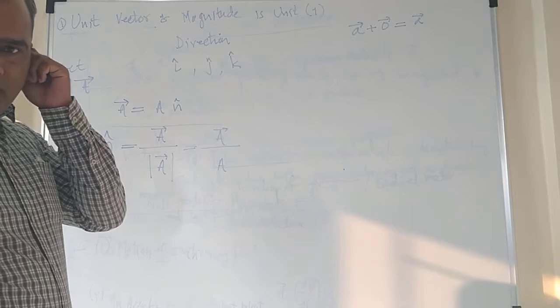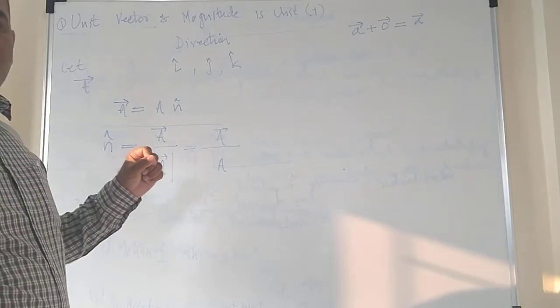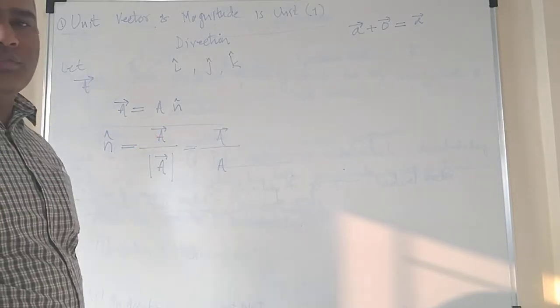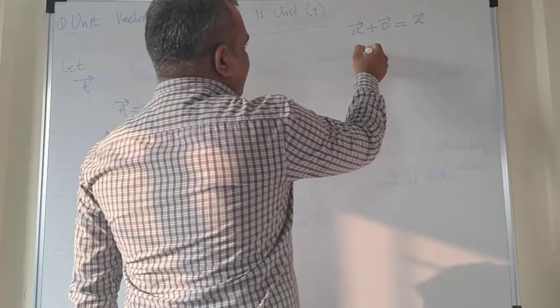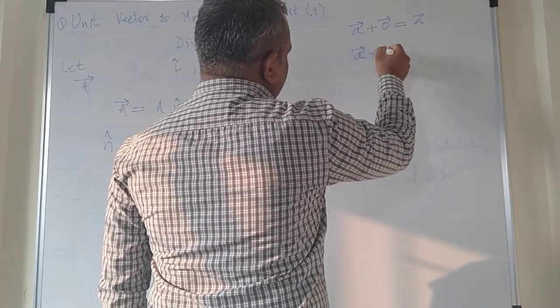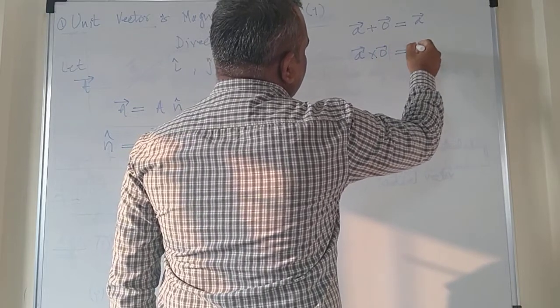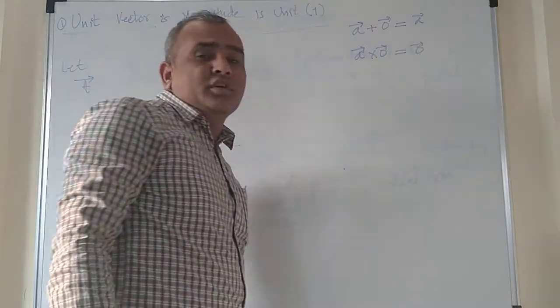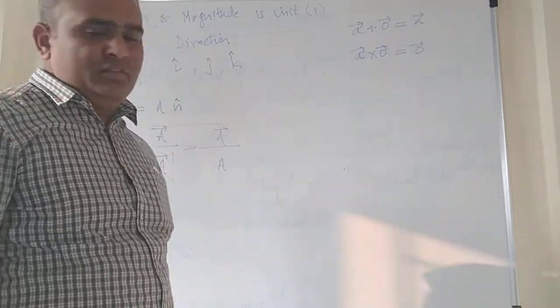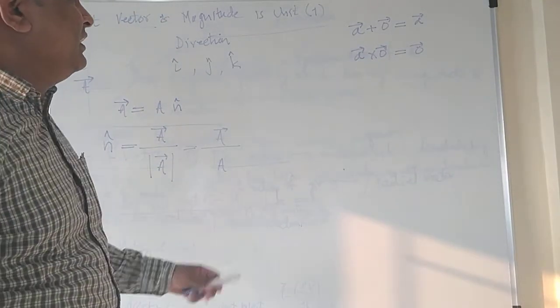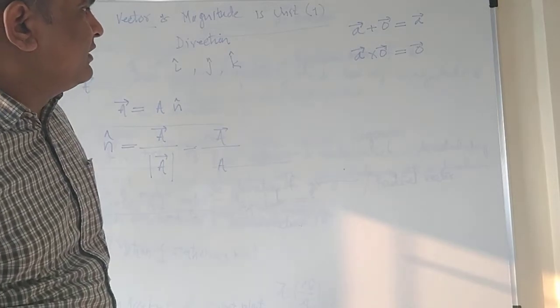That means vector plus zero vector is equal to vector itself. There is no change in it. But if you multiply a zero vector by any vector, that will result in a zero vector and not the vector itself. So these are some rules of the vectors you should remember. You have already studied these rules in earlier standards.